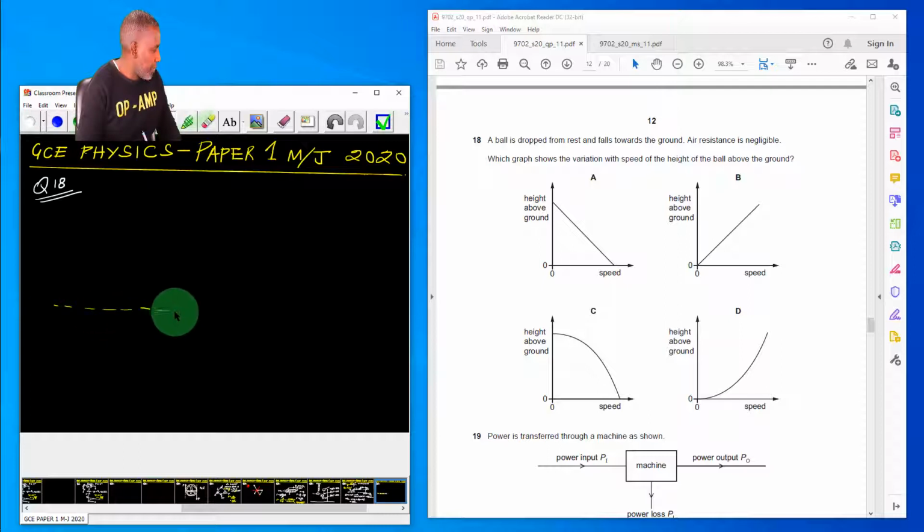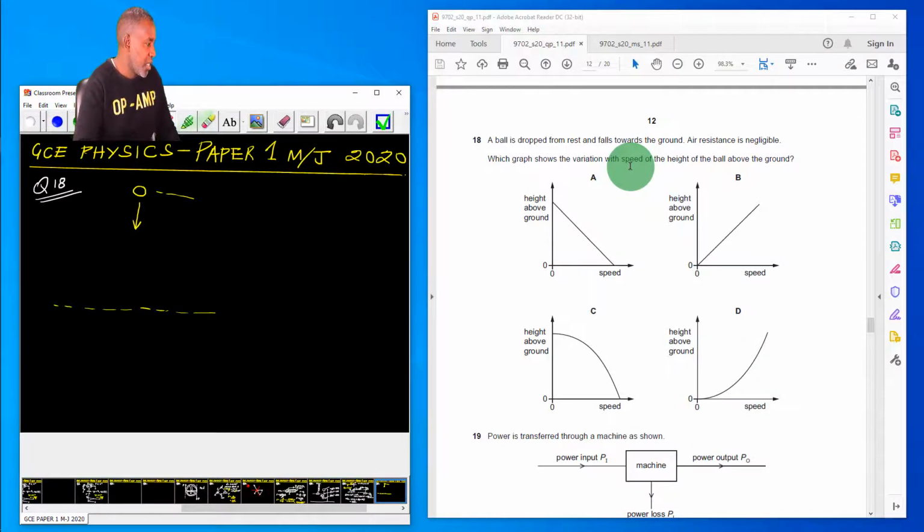There's the ground level. The ball is over here, and it's going to fall downwards like that. So definitely we know that the speed is going to increase with the time. But the height, which graph shows the variation with the speed of the height of the ball?